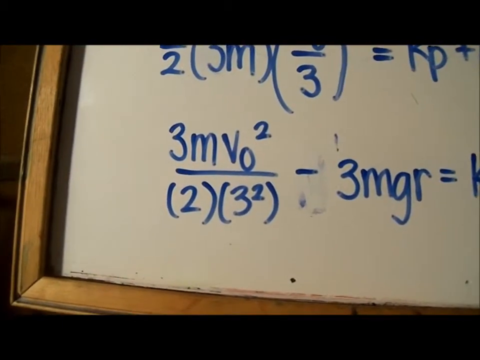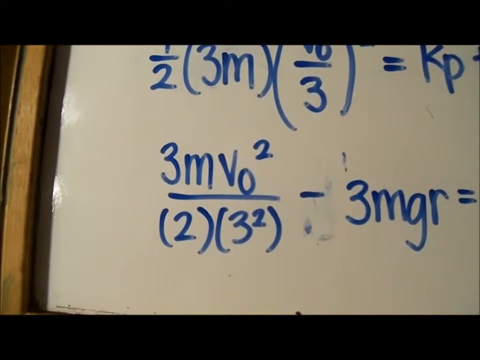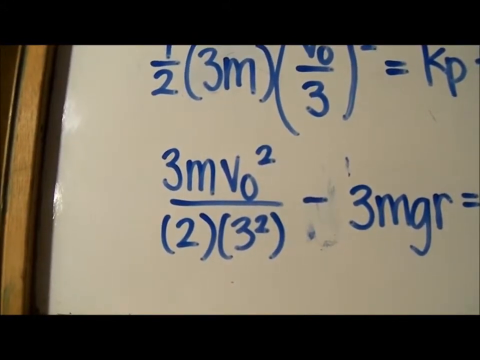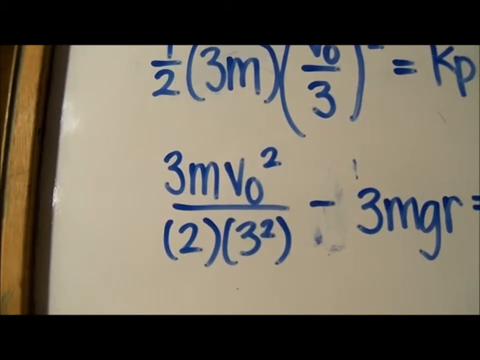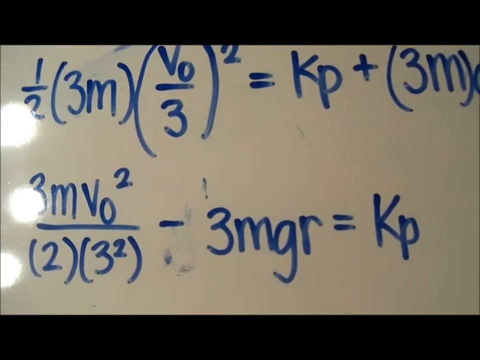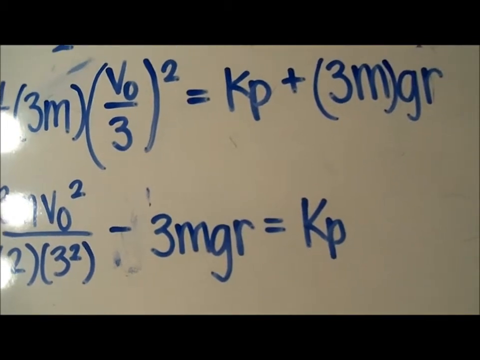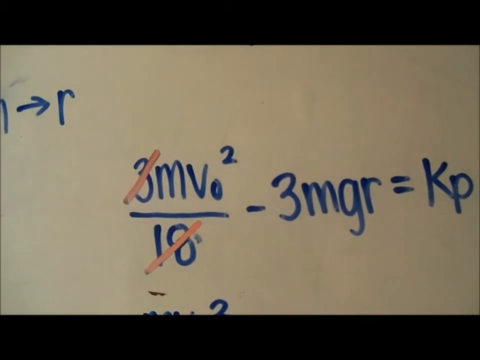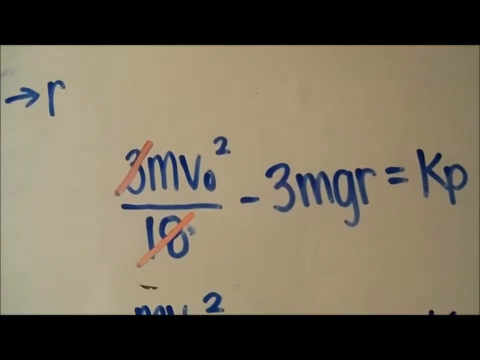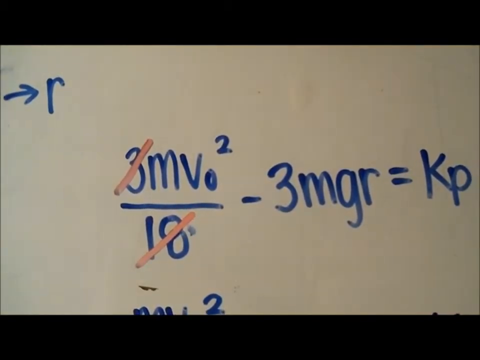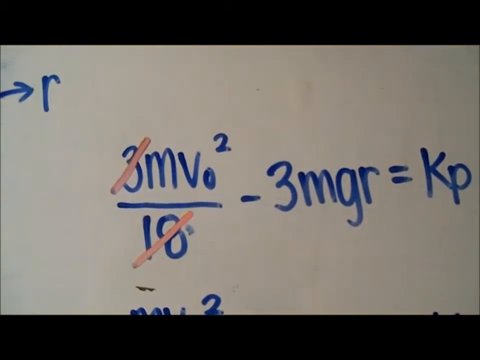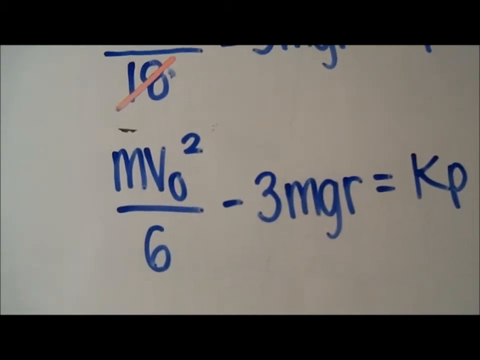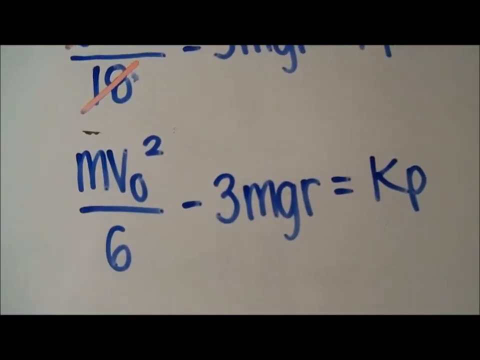We will continue to solve it, and we will do 3m times initial velocity squared divided by 2 times 3 squared minus 3mgr equals kinetic at point P. We will cross out the 3 on top and the 18 on bottom because 3 goes into 18 6 times, so we will have m v0 squared divided by 6 minus 3mgr equals kinetic energy at point P.